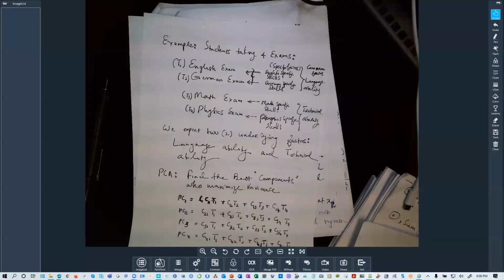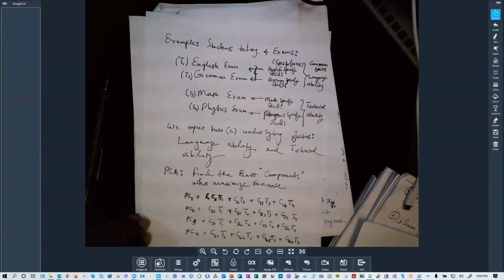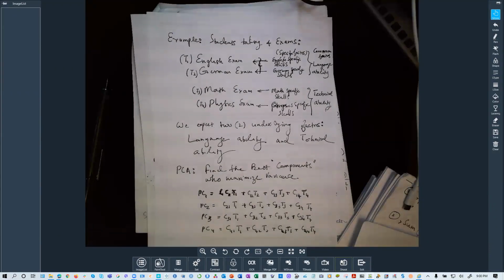So okay, look at it. Let's say the example of students taking 4 exams: English exam T1, German exam T2, math exam T3, physics exam T4. So specification, English specific skills of that particular person. What is the common factor? Language ability. Some person has a language ability.